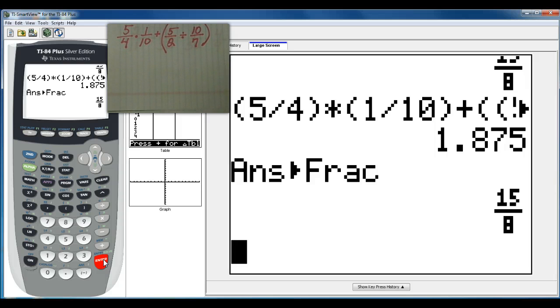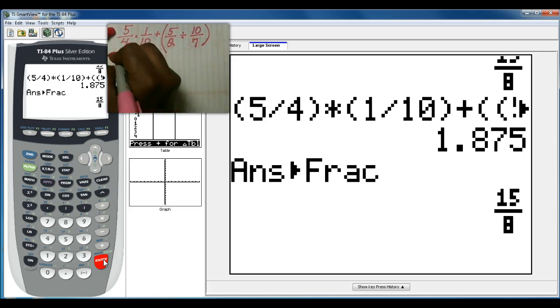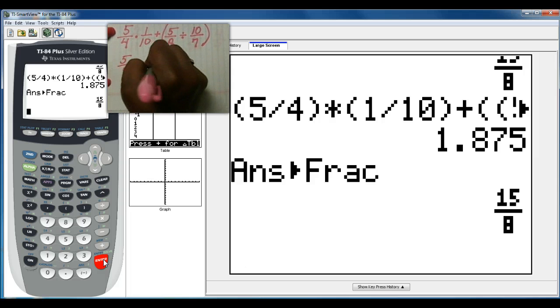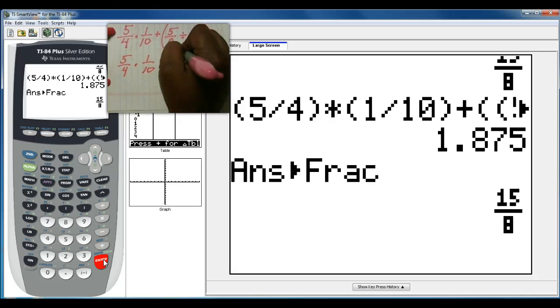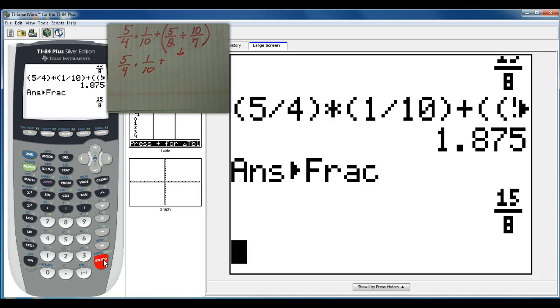You should know from order of operations that parentheses always come first. So my suggestion for a longer problem that we may do later is this. You have 5 over 4 times 1 over 10 plus whatever answer you get from here. So you could do this first and then input the information.